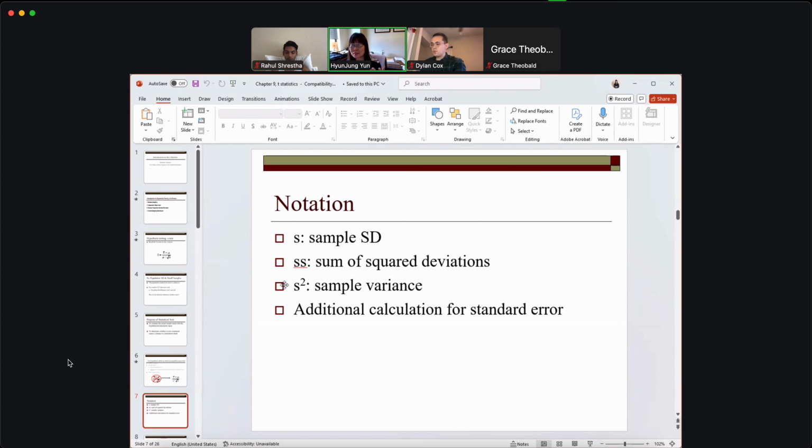Sometimes it's small letter s squared, and some textbooks use the sum of squared deviations, and sometimes the sample variation is used as SS. But again, I don't want you to memorize anything. Once you see the formula, you see what they're talking about. That's the most important thing.